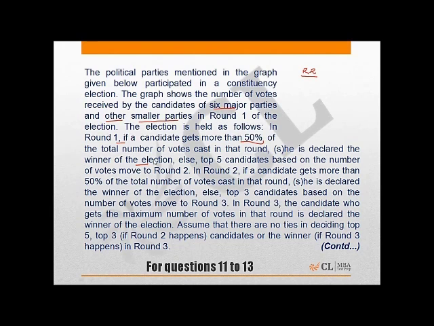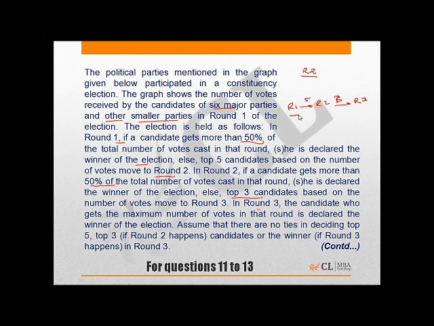Okay. In round 2, again, if you get more than 50%, you win. If no one gets more than 50%, then the top 3 move to the next round. So from round 1 to round 2, 5 will move, and round 2 to round 3, 3 will move.